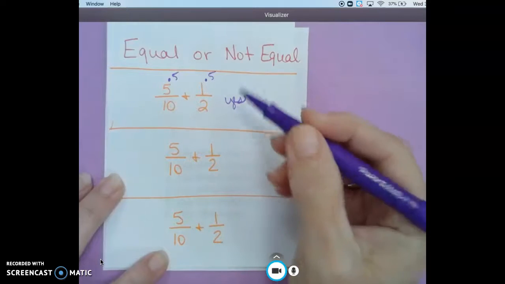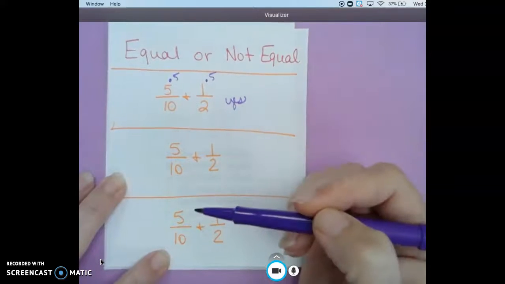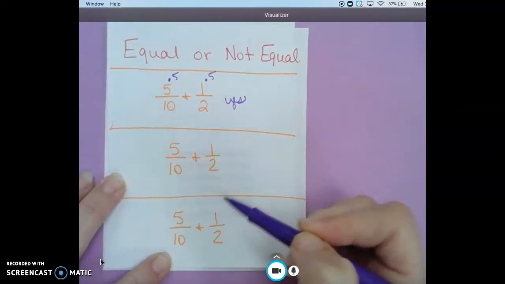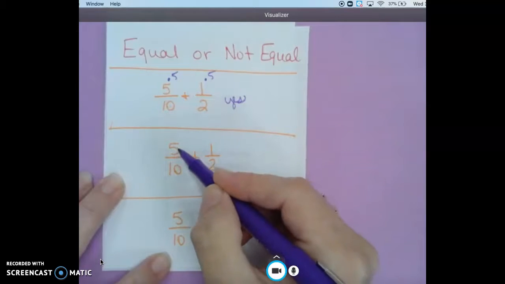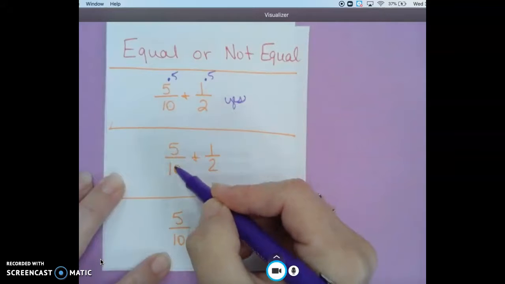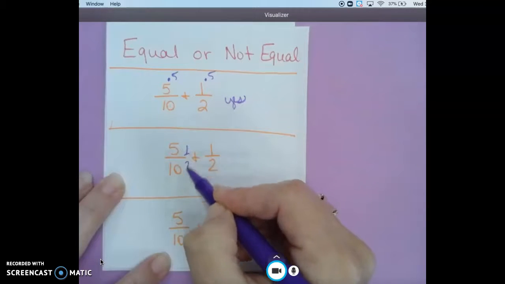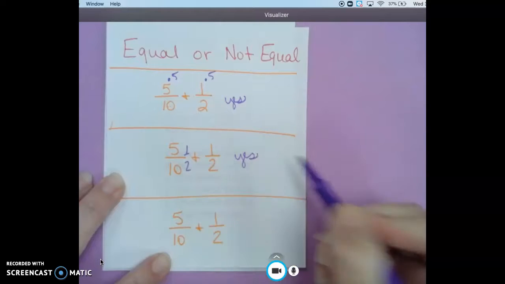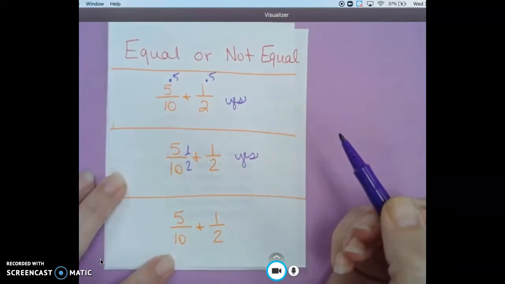Some people like to simplify by dividing one fraction and see if it equals the other. I can divide both of these two by 5, and this is 1/2. So since this is really 1/2 and this is 1/2, then yes, these are still equal.